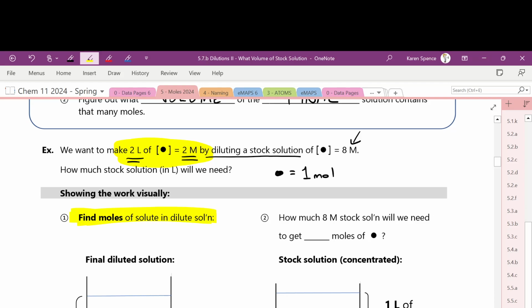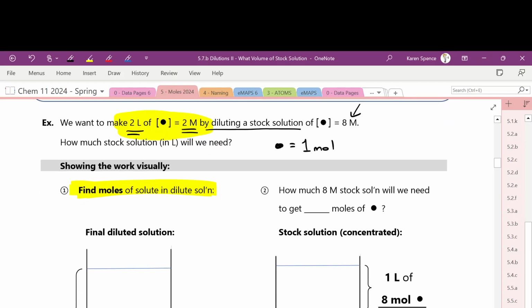So we want 2 liters of 2 molar. How many of the black dots do I need to have 2 liters of 2 molar? I want this to be 2 moles per liter.